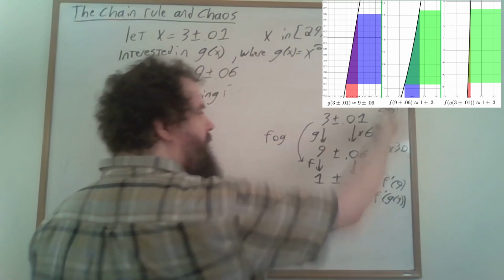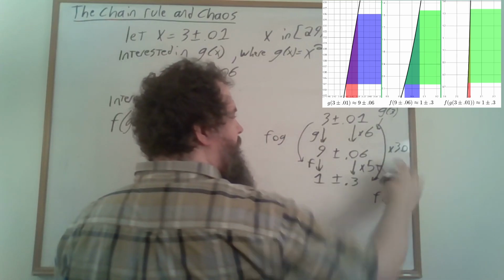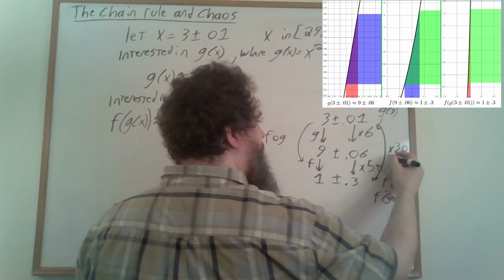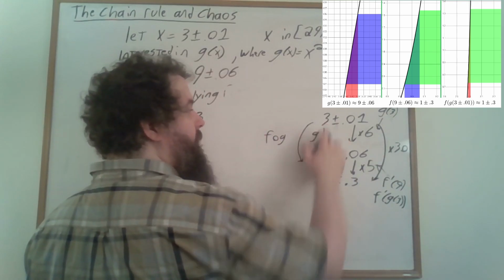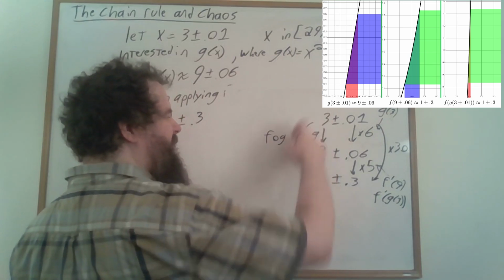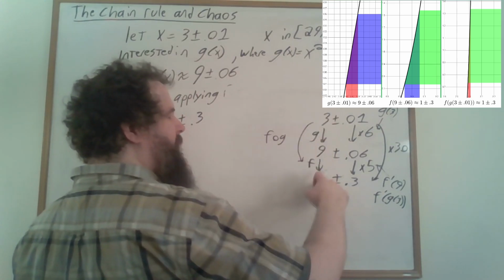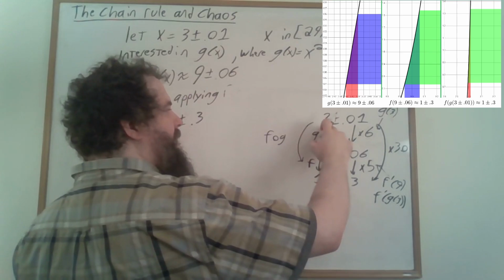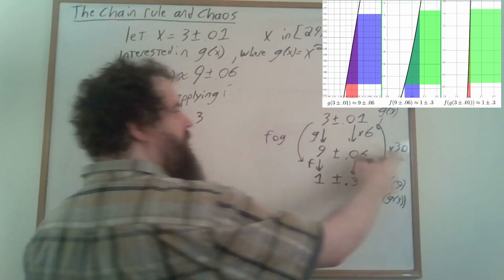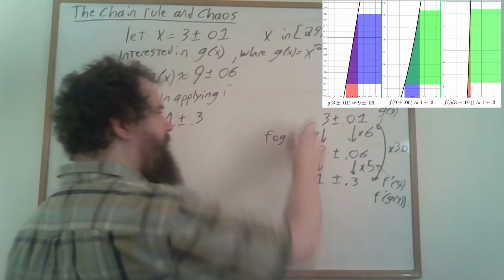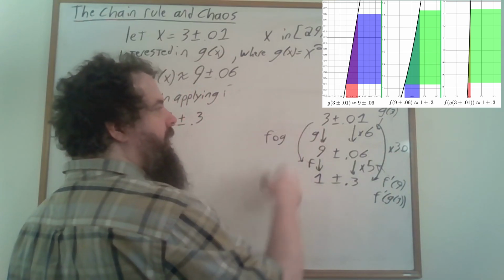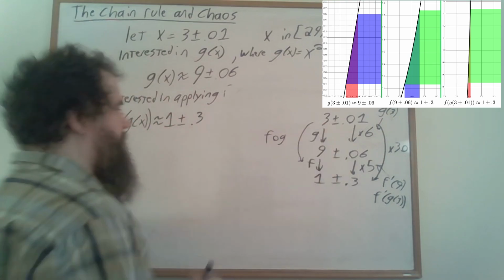And the product of these two values gives us the derivative of f of g of x at 3, right? If we view this as a single step, the value that we're plugging in, our base point, is 3. So this uncertainty multiplication factor should be the derivative of this function at this base point.